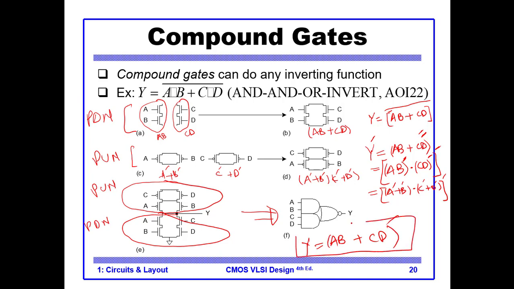So this is our whole compound gate. This is the design principle for building up CMOS compound gates. Always the procedure is the same: design the pull down, design the pull up, connect the pull up to VCC, connect the pull down to ground, and you get your function implemented.